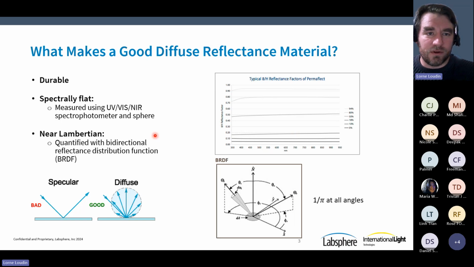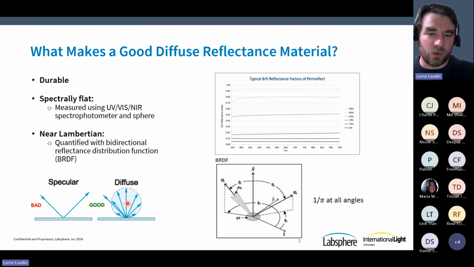And then of course, a good diffuse reflectance material needs to exhibit near Lambertian characteristics, right? So if we had a Lambertian surface and we looked at the BRDF, we would have a 1 over pi value at all angles. And this is showing a diffuse reflectance surface here where you're getting hemispherical reflection.